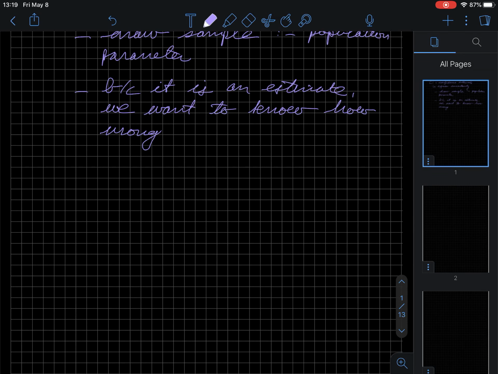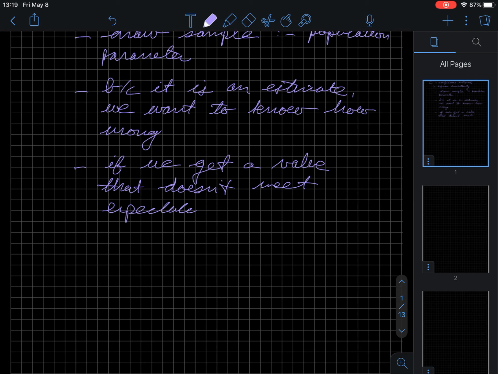And it also gives us an idea that if we get a value that doesn't meet expectations, we'll know whether or not to raise an eyebrow.